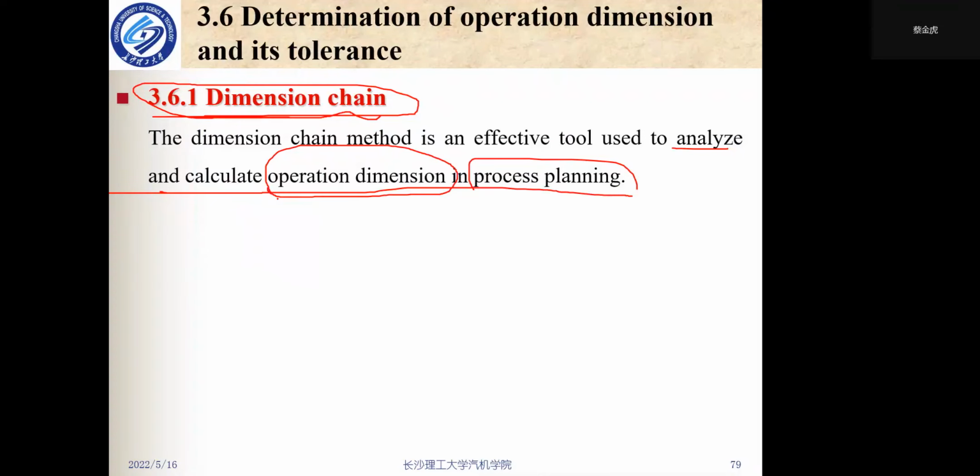The dimension chain method is an effective tool to analyze and calculate operation dimension in the process planning. So it is the key point of dimension chain.